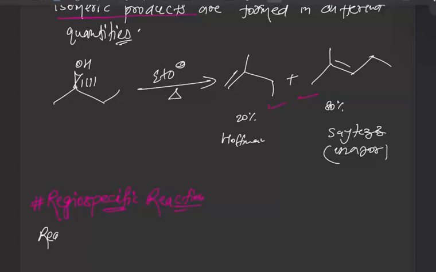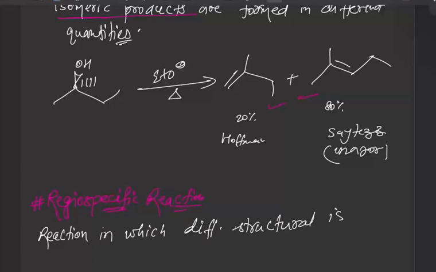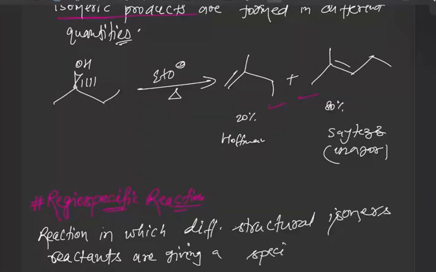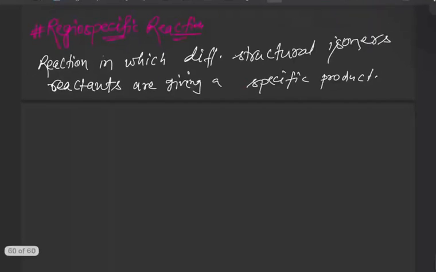In this term, a reaction in which different structural isomers, obviously reactants, are giving a specific product, this type of case will be known as a regiospecific reaction.